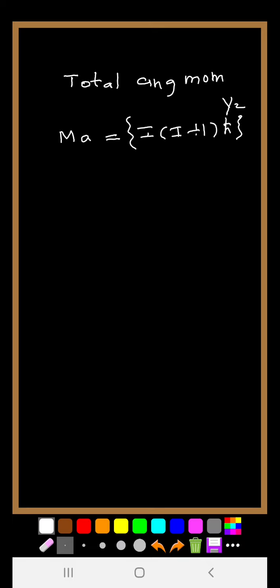Now, when we talk about components along the Z direction, what we mean is the values of the magnetic quantum numbers Mi. So if we have I, the component Mi will take values from minus I to I.